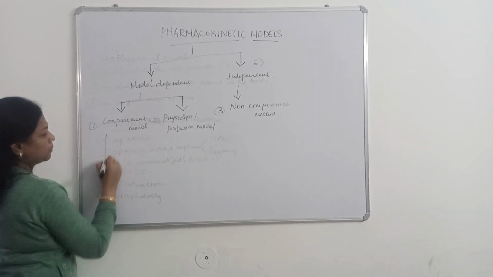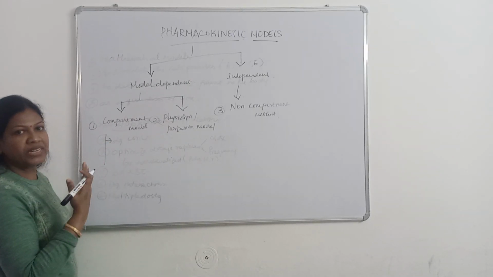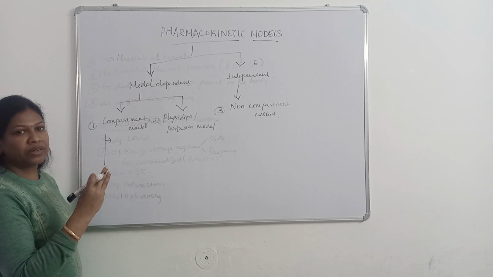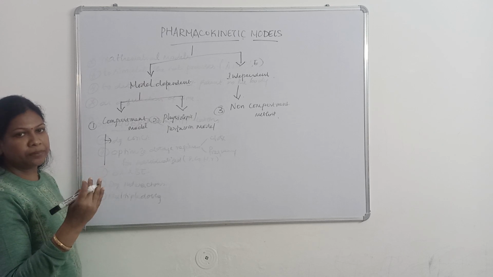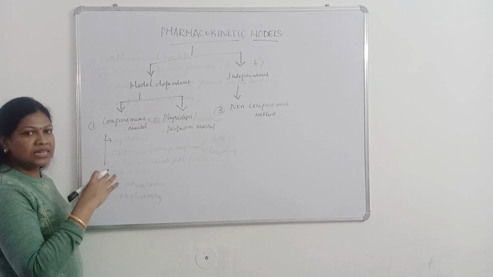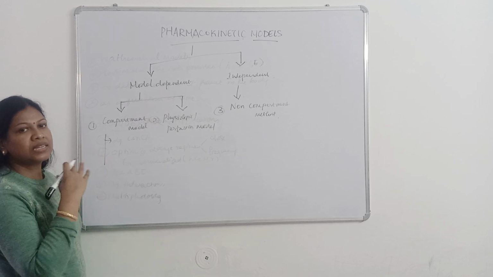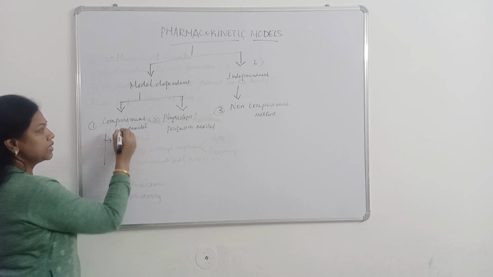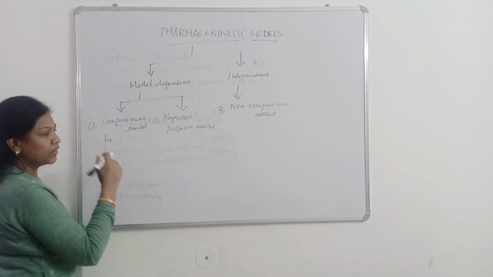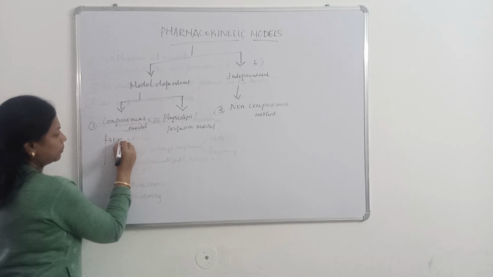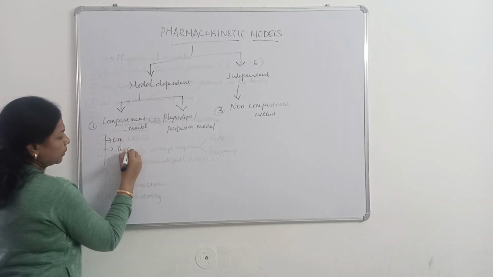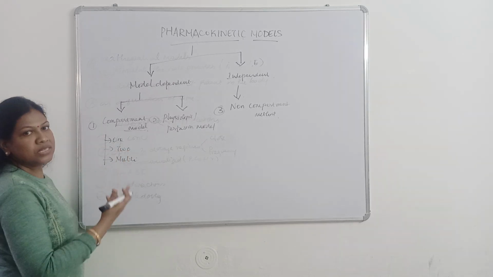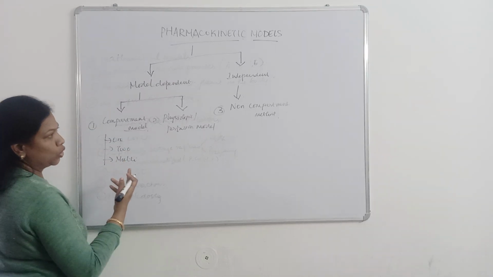And under compartments, there are different compartments; you might have heard already in a train. Train compartments are there, like B1 compartment, B2 compartment, B3 compartment, or in sleeper S1, S2, S3, like that we have different compartments. So depending upon the number of compartments, the compartment model is further classified as 1 compartment model, 2 compartment model, and multi-compartment. More than 2 is considered to be a multi-compartment model.